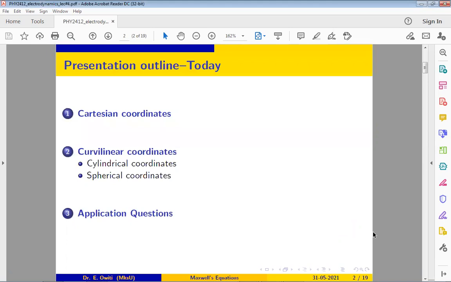So this is the presentation outline for this lecture. We shall mainly look at the coordinate systems and how these coordinates are important in Maxwell's equations. So first we will look at Cartesian coordinates, which we are familiar with. Then we look at other coordinates, that is the cylindrical and spherical.